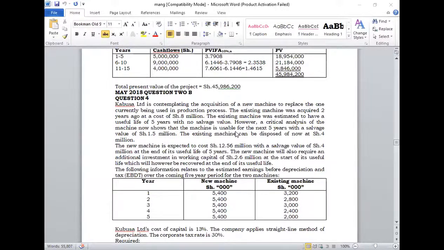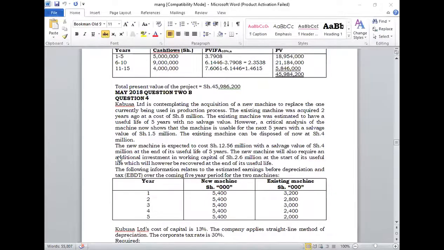The new machine is expected to cost 12.56 million with a salvage value of shillings 4 million at the end of its useful life of 5 years.